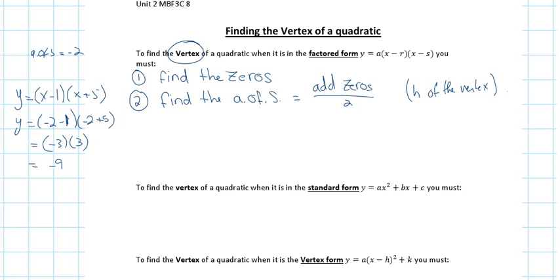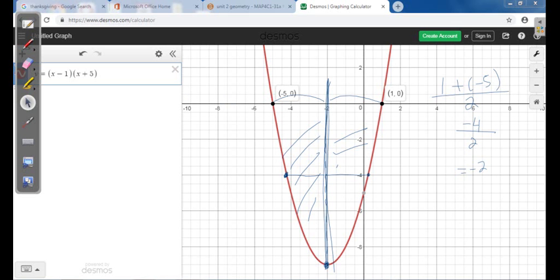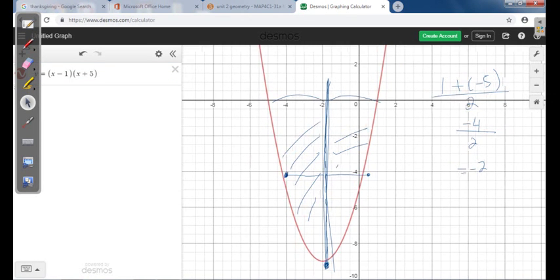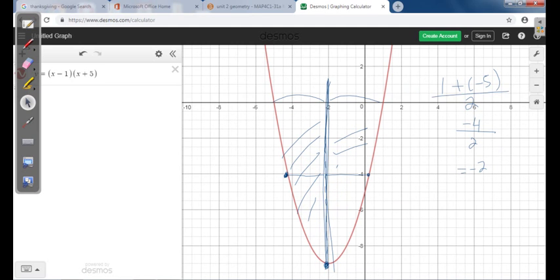Was my vertex at negative 9? Yes. If I put my mouse on it, it's at negative 2 and negative 9.